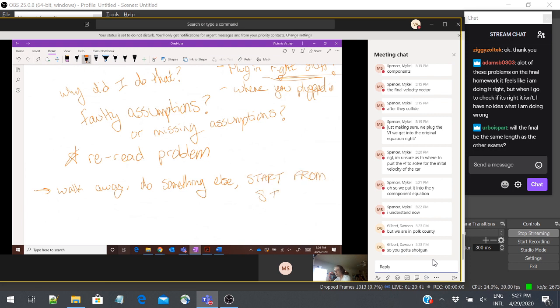Because what sometimes happens, I've had students who had this problem in Physics 2 especially, they just kind of erase and rewrite and erase and rewrite and erase and rewrite. And by the time they're finished, they don't know what they did wrong and they don't know how they fixed it. So your logic is more important than the right answer.